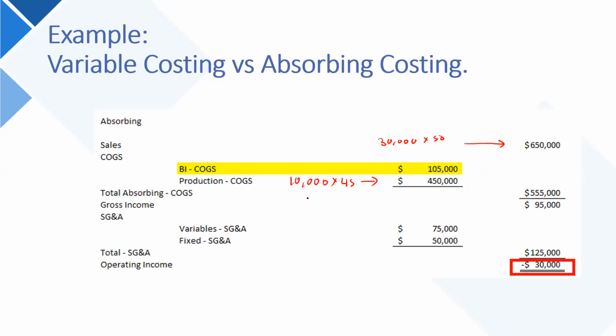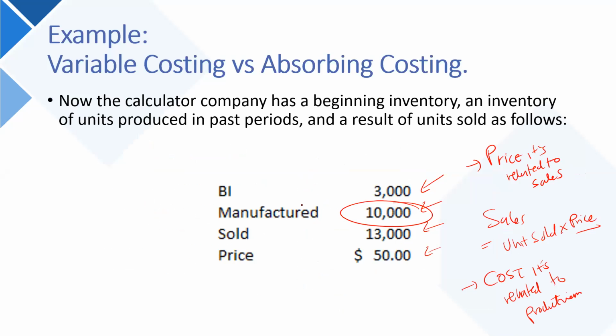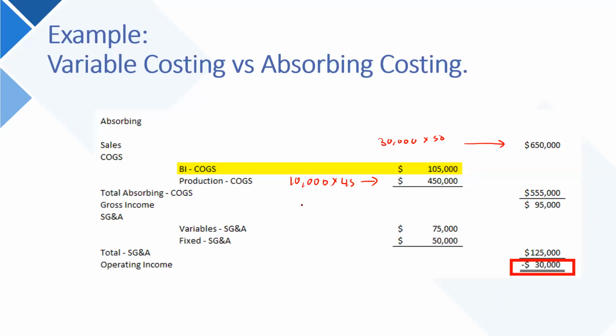No one corrected me here. It's 13, not 30. Okay, so I'm only producing 10,000, and I have sold 13,000. So from where do I get the other 3,000?